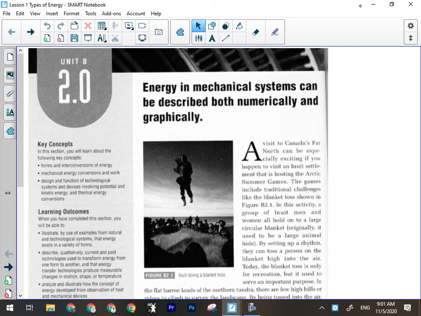The higher you go, the more gravitational potential energy you have. So their kinetic gets converted into potential, and at the top of their flight, they can see a little bit further, and then that potential turns back into kinetic, and they have to hope that everybody holding onto the blanket is on the ball, because now those people need to take that kinetic energy away. They need to slow them down by pulling on the blanket before they crash into the ground. So there's a bunch of energy conversions going on in something as simple as tossing somebody up in the air.